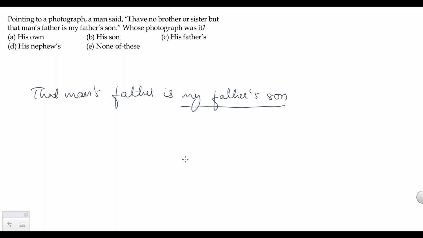It's me only, right? It can be me or my brother. But initially, I have already said that I have no brother or sister. Means it must be me, right? Instead of me, I'll put it as I, right? That man's father is me.